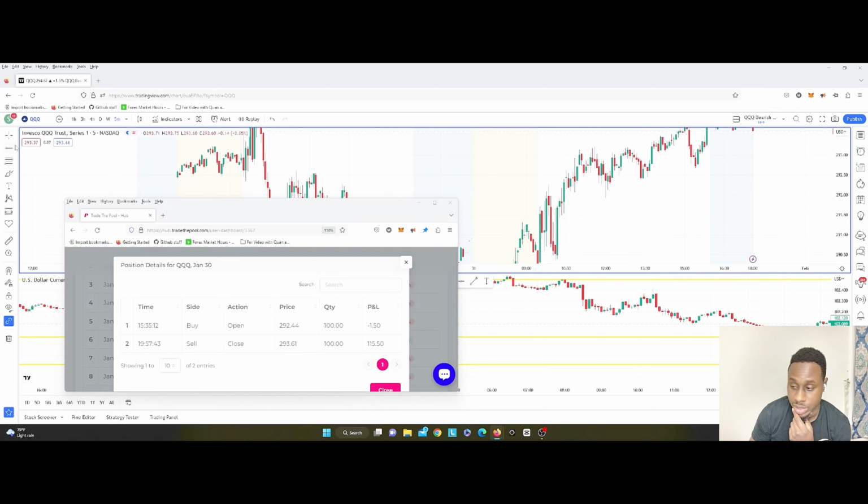So this was where I entered at 10:35, and once it didn't hit my stop loss, I knew we would continue grinding up. So 10:35, that's this candle, and I entered at 29244.